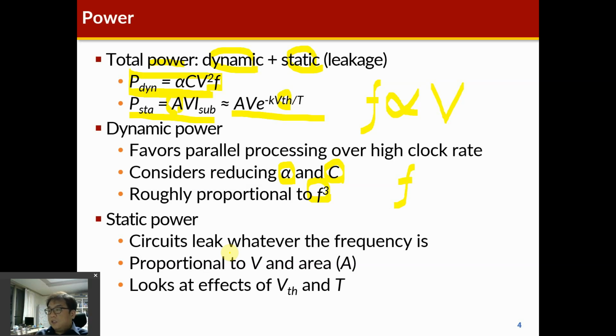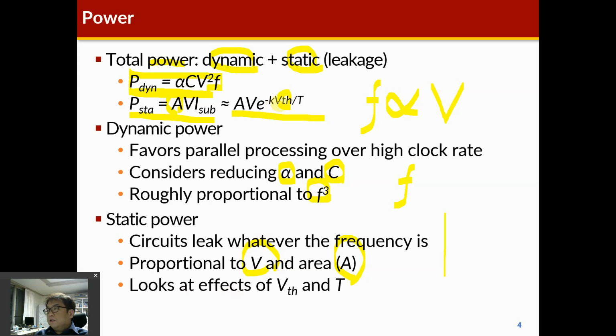So this static power is not related to the clock. But this static power is also related to the number of circuits, the number of CMOS logic, so this is related to A. And I said that leakage current flows from VDD to the ground, so this static power is proportional to the supply voltage.